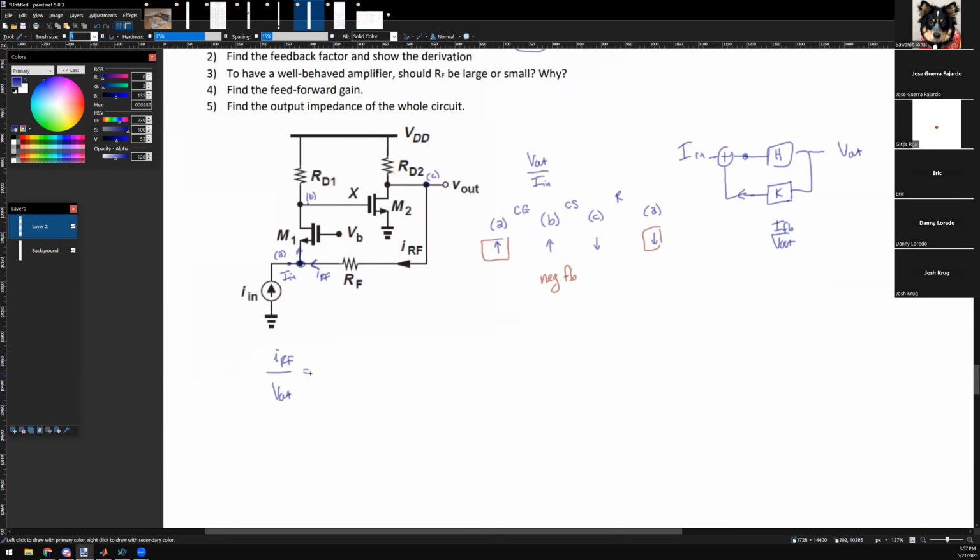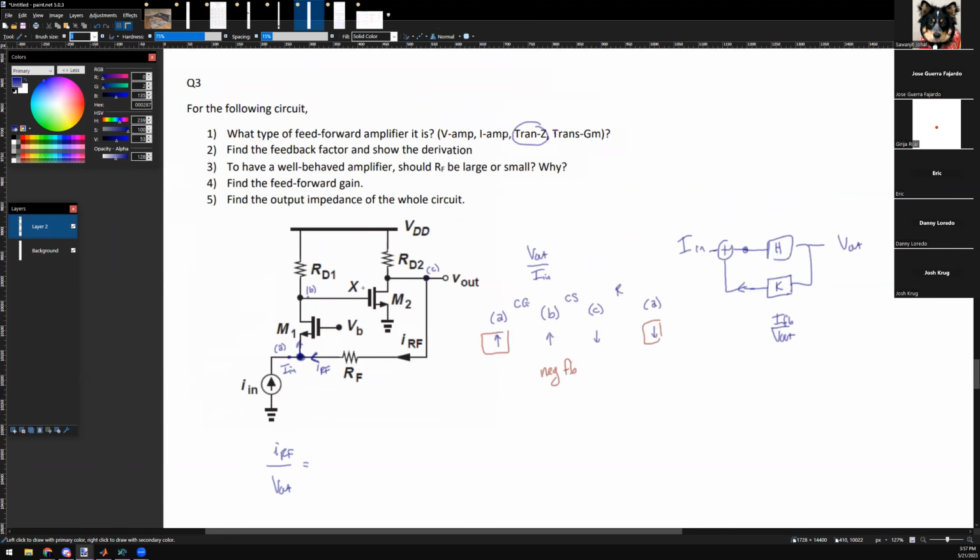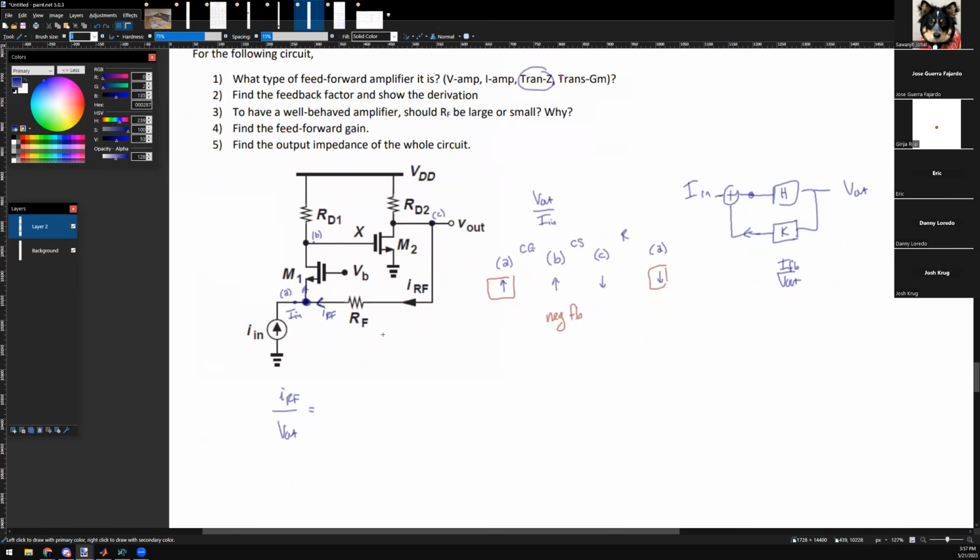Okay, so suppose I know V out. What's the KCL here? I need to know the voltage here. How do we solve this guy? Do we break the circuit and then test it? I think we do, but I don't know. This is a hard problem. Actually, I don't know how to do this.